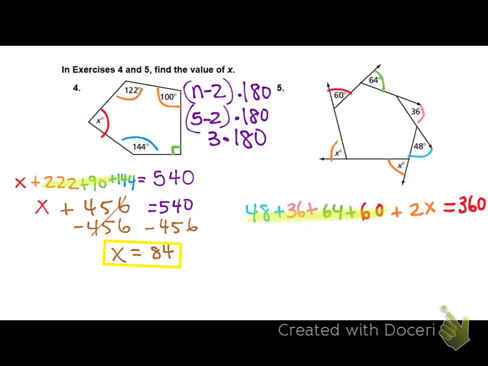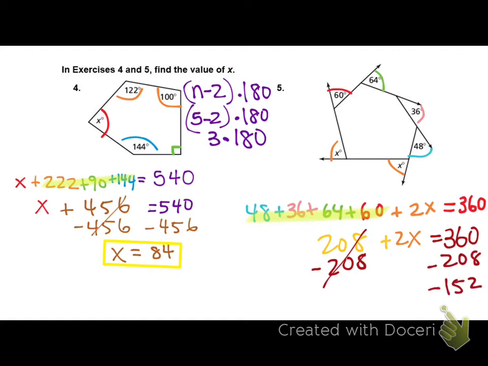So when you combine all these numbers, it makes 208 plus 2x equals 360. What is 360 minus 208? 152 equals 2x. Divide by 2, and x is 76. Perfect. 76.